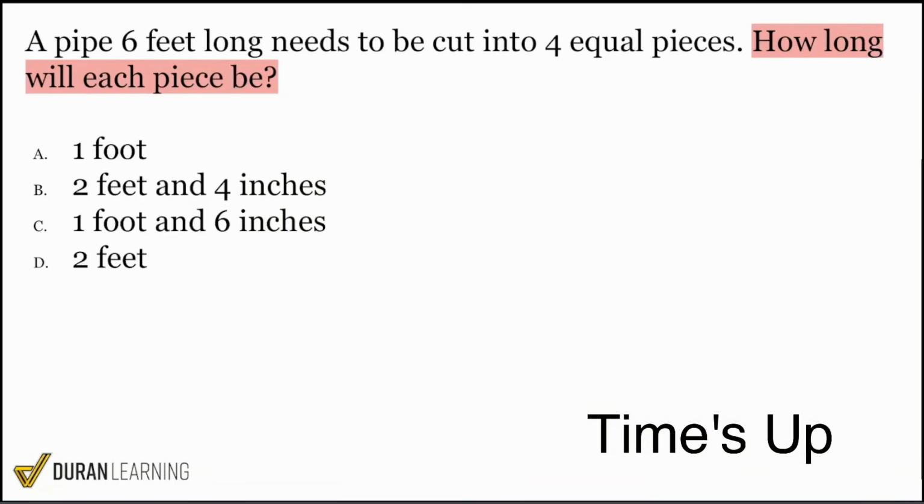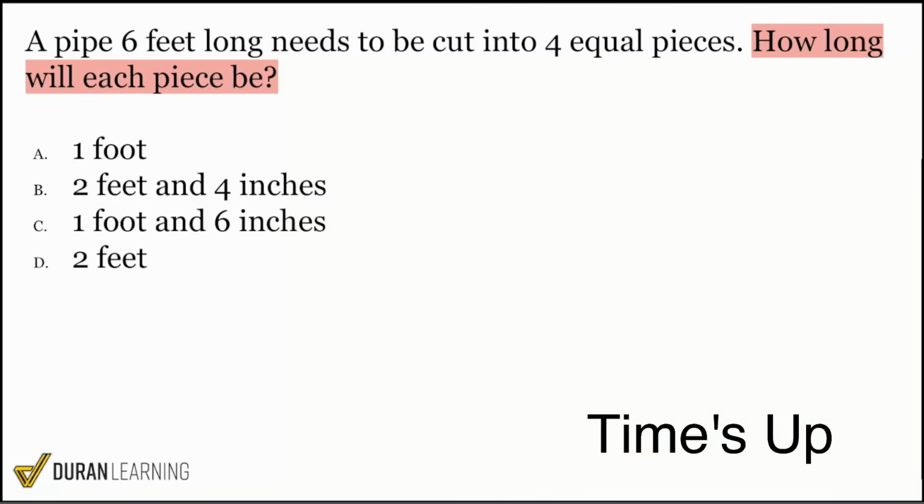Now, my party people, when we look at the answer choices, what do we notice? Do we notice that we have 1 unit or 2 units in this here? Yeah, we have 2 units. We have feet, and some of these choices have inches in them.